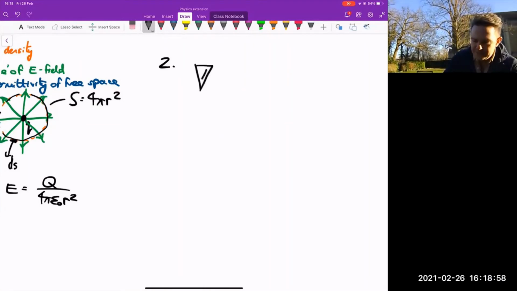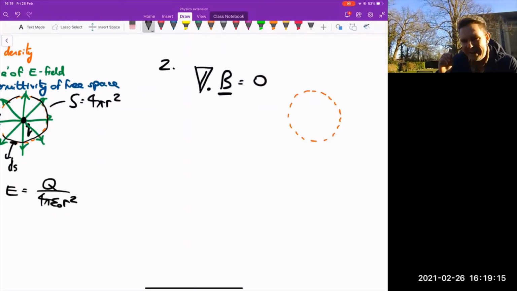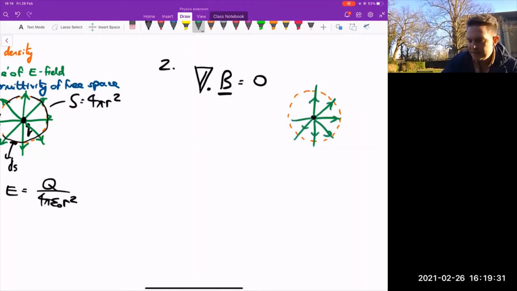Divergence of B, grad dot B. So the divergence of B is 0. Now, what that means is for a magnetic field, let's draw my spherical surface again. For any surface, you cannot have a net inflow or outflow of B arrows, of magnetic field vector arrows, right? So what that means is this is impossible. You cannot have a magnetic field which does this.